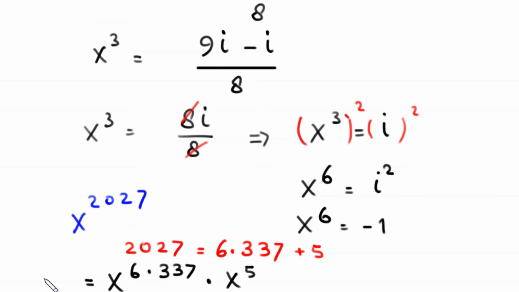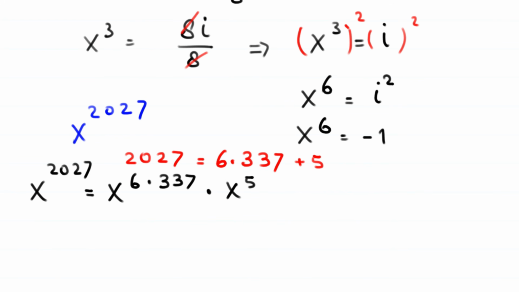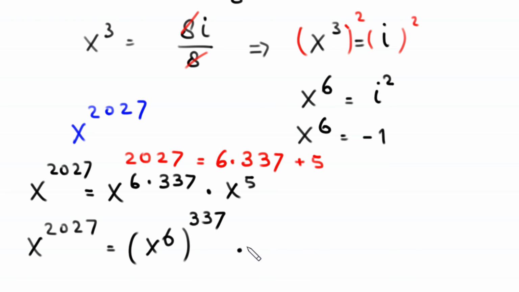So x to the power 2027 can be written as (x to the power 6) whole power 337 times x to the power 5.